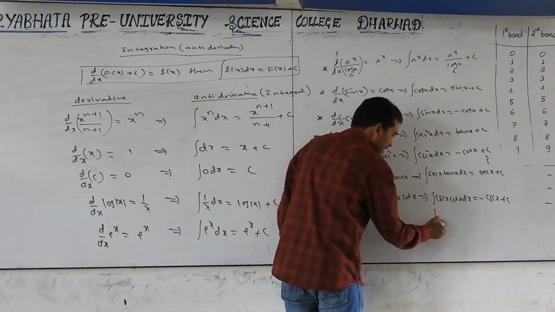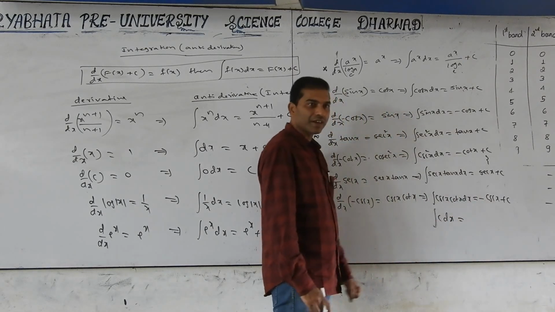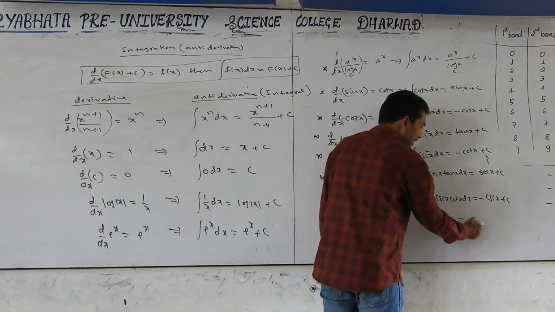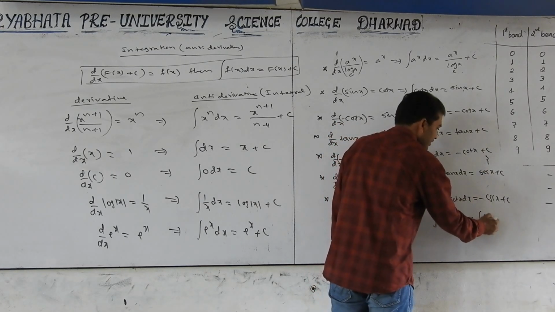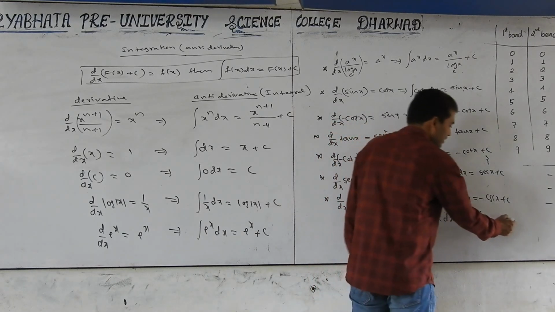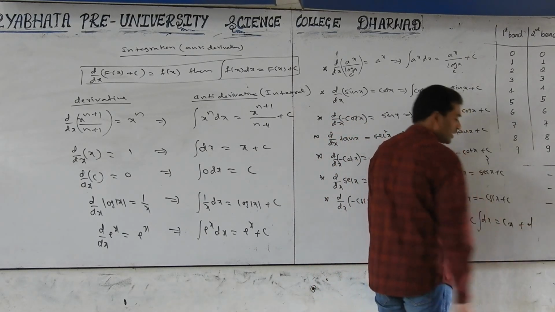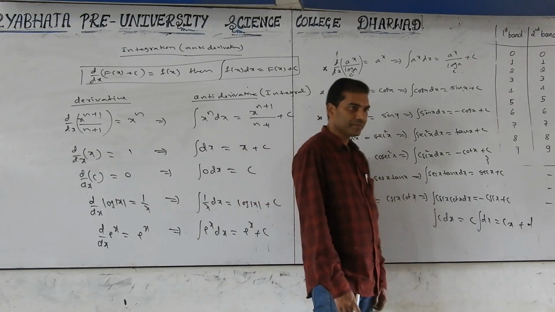Integration of c dx, that I will list in the properties, because c is constant. Take out c, integration of dx, so integration of dx equals x, so it is cx plus some constant. That we will discuss in the properties. Okay.